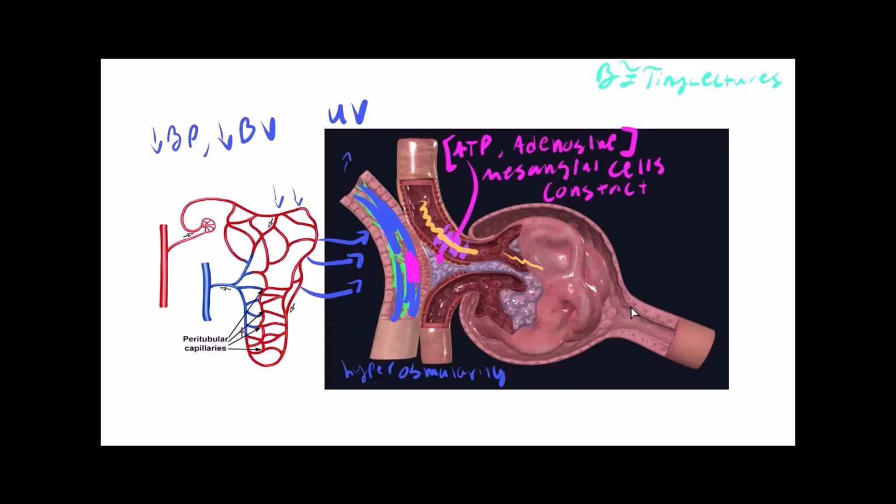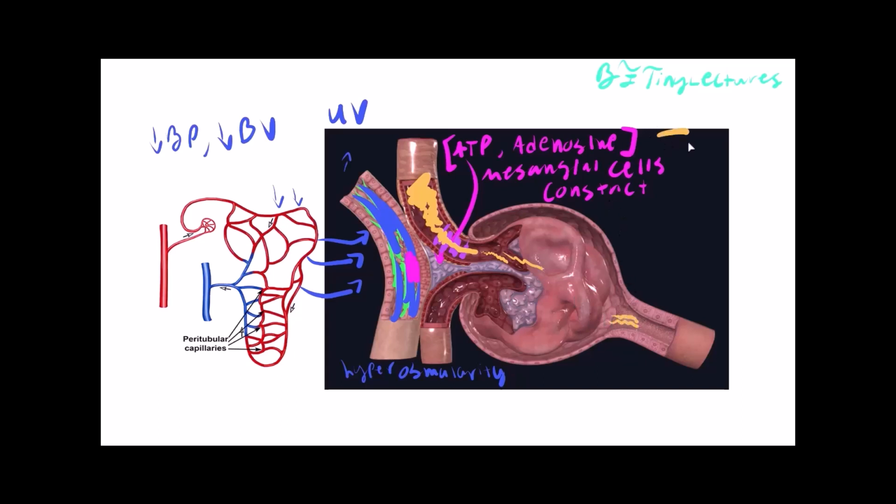That must mean that we are not urinating as much. And so the constriction of the afferent arteriole decreases the blood flow to the glomerulus, and that decreases how much filtrate is being made. So before we were having a lot of blood flow, but when we constrict it, only a little bit of blood goes into the glomerulus, and that releases a little bit of filtrate.